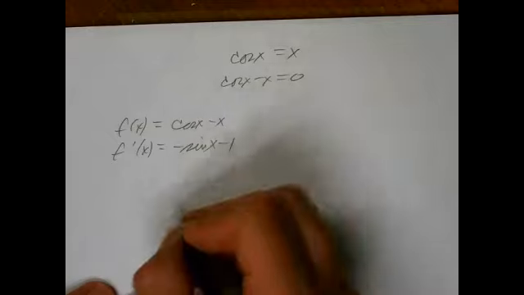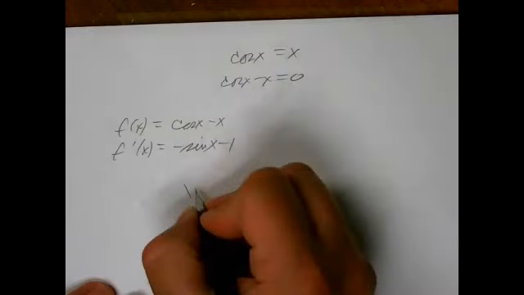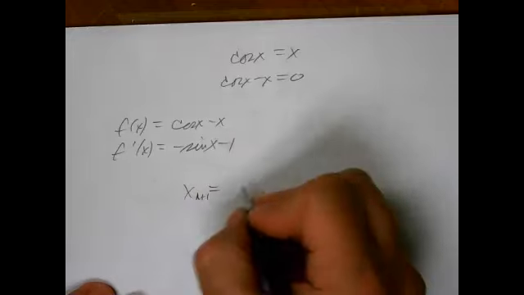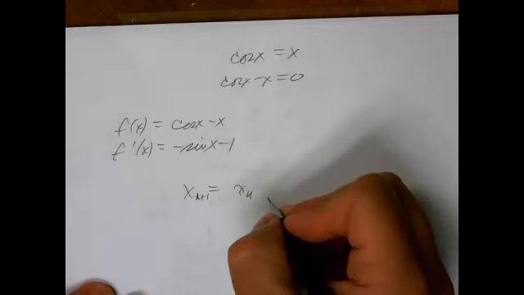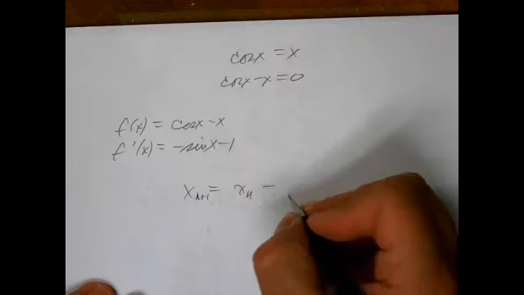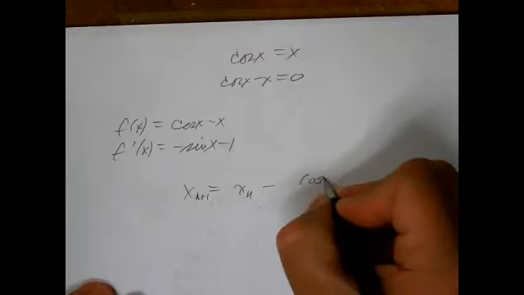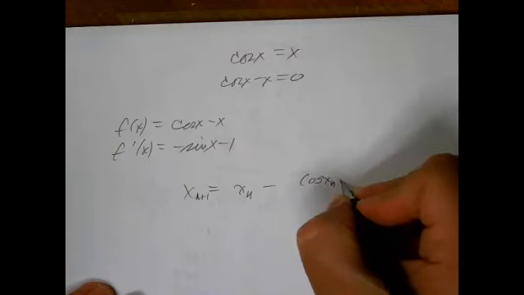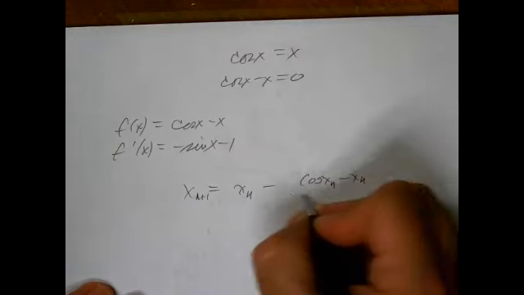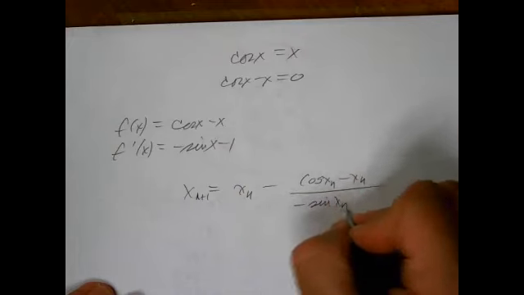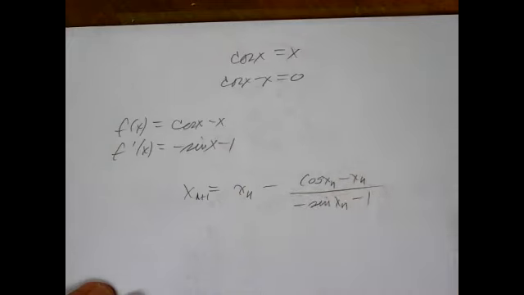So the algorithm says x of n plus 1, the next one, is equal to the previous minus f, which is cosine of x of n minus x of n, over negative sine of x of n minus 1. Okay, that's again what the algorithm is going to look like.